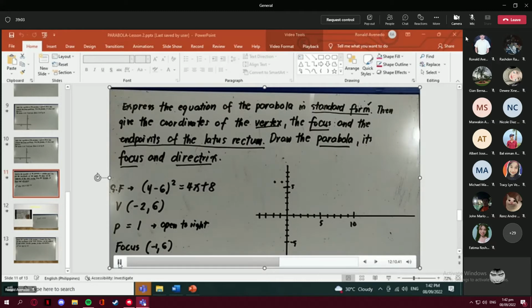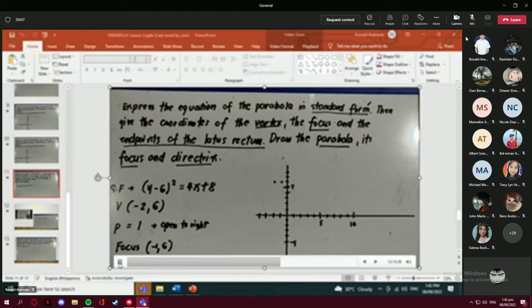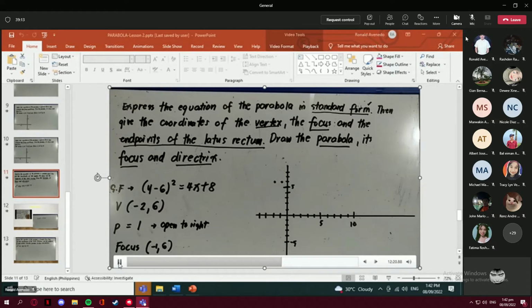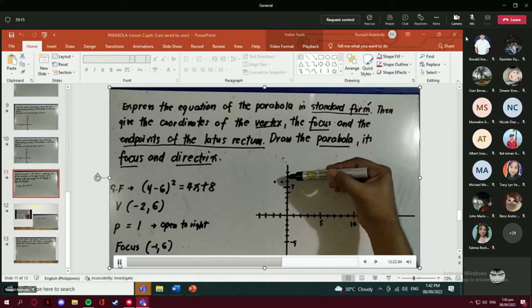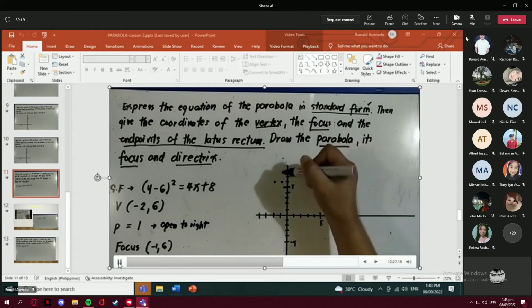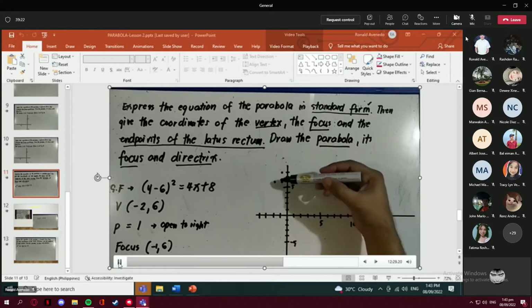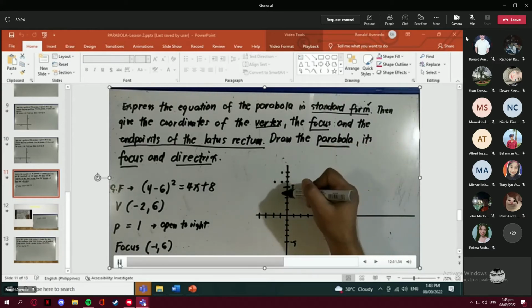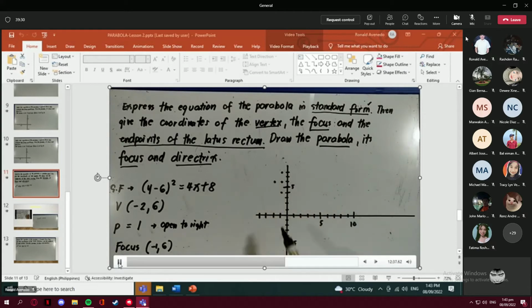We have here our P is 1. Then, multiply that by 4. Always multiply by 4. So, 4 times 1 is 4. Then, divided by 2. So, meaning to say, we will count 2 upward. 1, 2. This is the first endpoint. Then, 2 downward. 1, 2. This is the second endpoint.